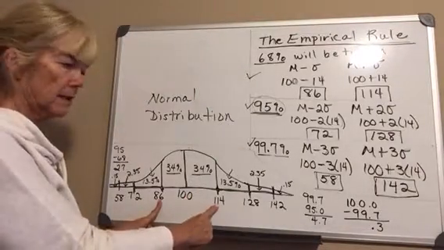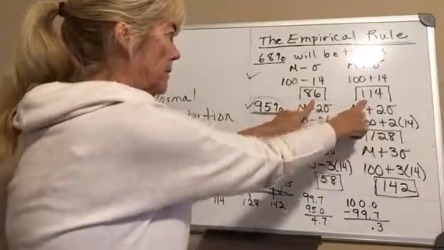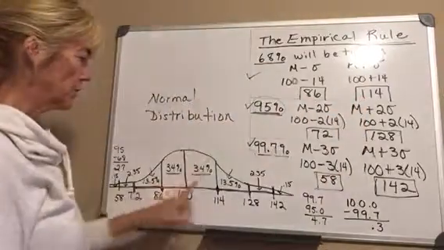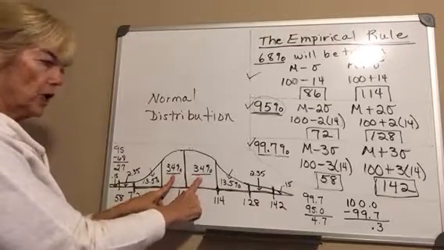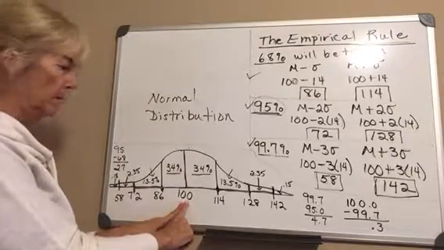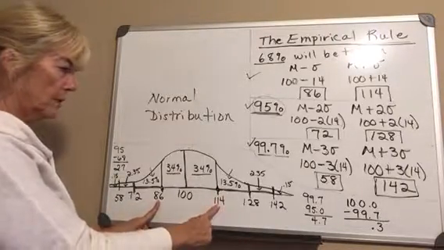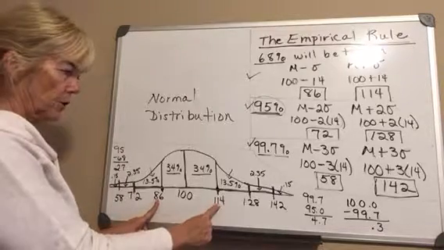Where did we get 86 and 114? Back up here when we did these computations. Remember, this number never changes, so the 34 is never going to change. The only things that change in a particular problem are the mean and, when you compute one standard deviation above and below the mean, these numbers.